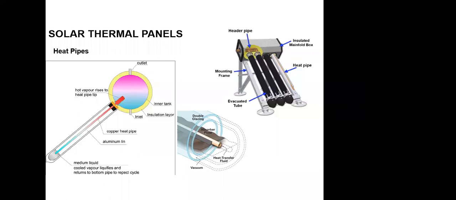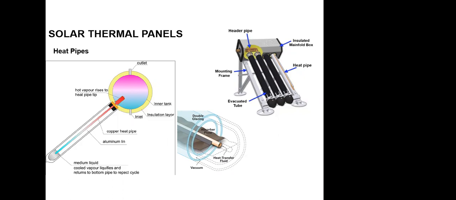But we need to produce vacuum between these two parallel cylinders. How can we do it? I don't know, but we can do it. I mean, there are companies that can do this, but manufacturing this is quite complicated, because first you need to get the double glazing, then you need to extract all the air or gases so that we have vacuum, and then we have a pipe with an absorber plate.